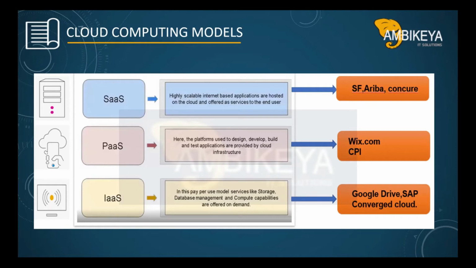Basically, I am using that software, Amazon or Flipkart, whether I am a buyer or seller. So that comes under SaaS because I am not doing any configuration or any changes. I am only creating my account. That's it. Basically, I am using the service, I am using the software. I am not going to develop it. So that comes under SaaS. SAP has some SaaS applications called SuccessFactors, Ariba, or Concur.